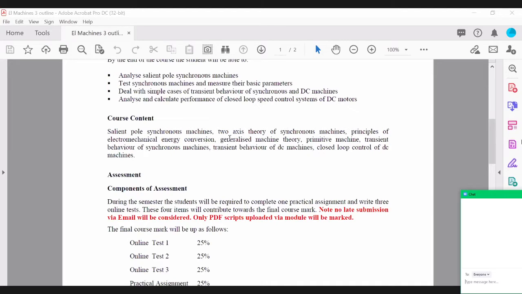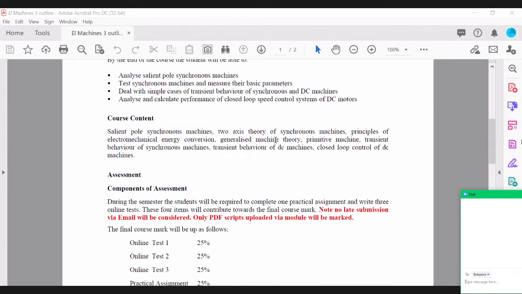And we'll move on to the next section, which is on generalized machine theory and the primitive machine. So these two sections are the ones that will present the equations for the primitive machine in matrix form, and then we will demonstrate how this generalized machine theory can be applied to, for example, the DC machine that you've studied in the previous modules.